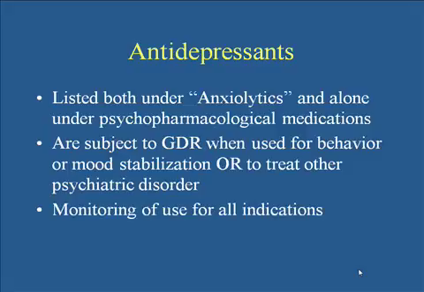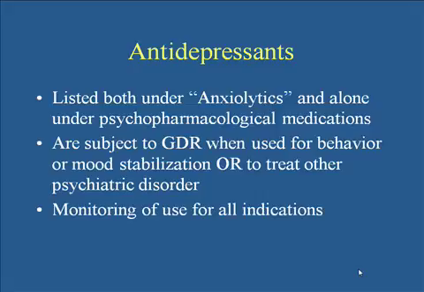Now, the antidepressants, this is where it gets kind of confusing. The antidepressants are listed under the subheading anxiolytics in the psychopharmacological agents section, and then they also have their own standalone setting where basically they're being used as antidepressants, which is classically what they're used for.